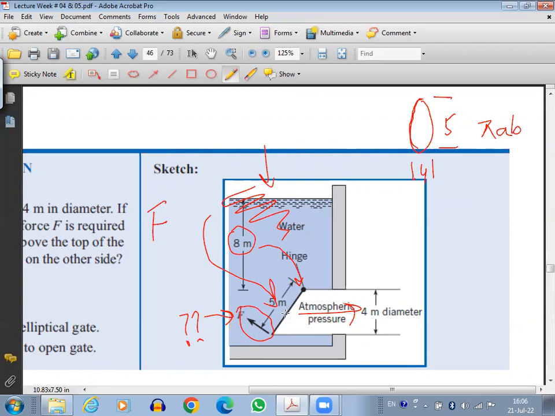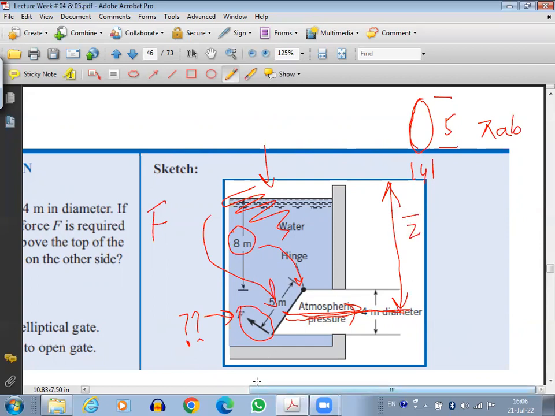Center of the ellipse will be where? It will be here. Right? It will be actually the center of the pipe. It was this pipe, right? Center of the pipe. Originally the pipe is this. Okay. So I want to know this distance. That will be my Z bar.